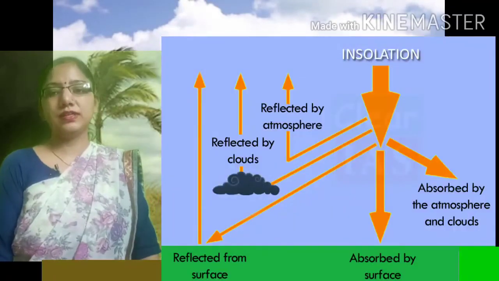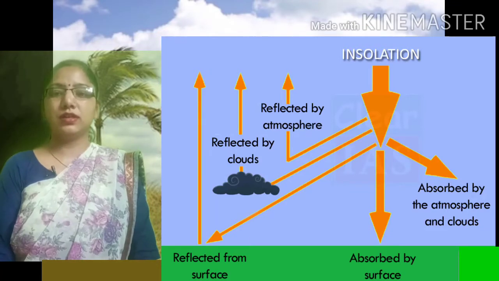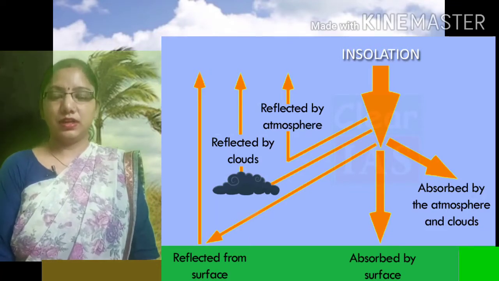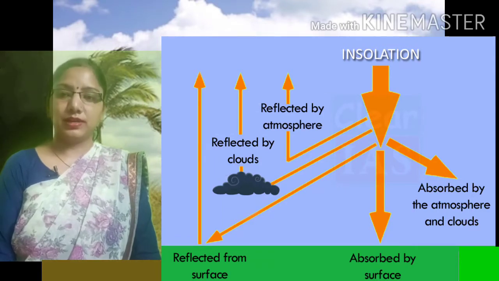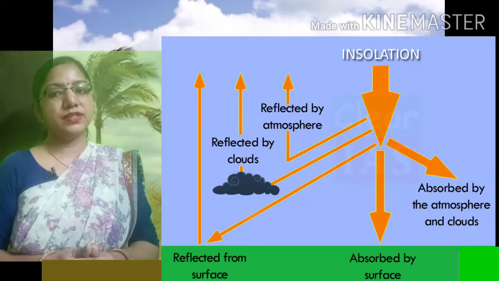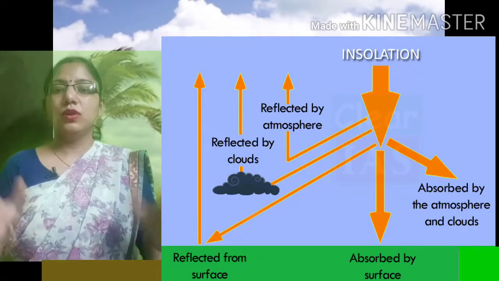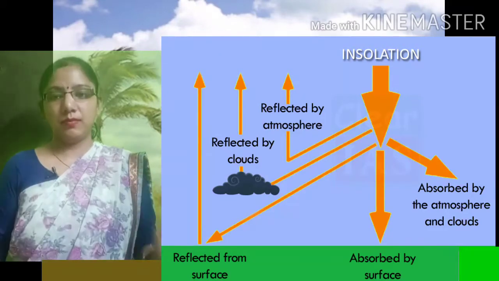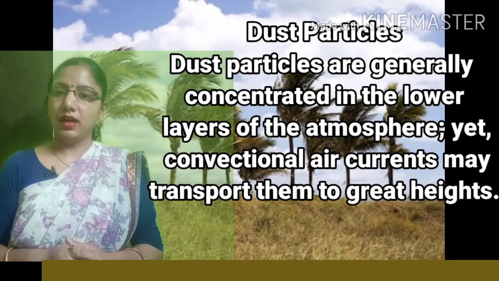In short, we can say insolation is a process in which the Earth absorbs the heat of our sun. So that process is known as the insolation process. So students, the water vapors are also an important part which helps to maintain the temperature of our atmosphere as well as the temperature of our Earth.